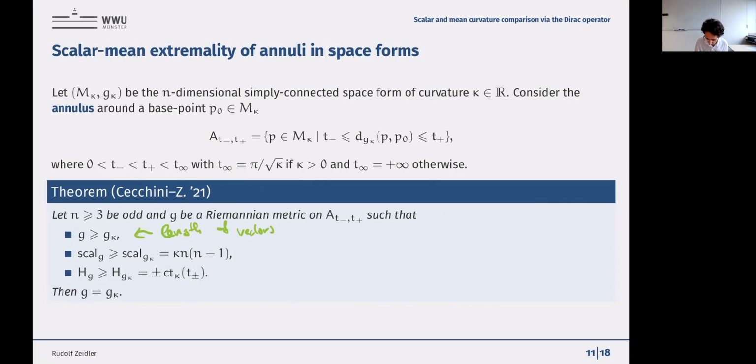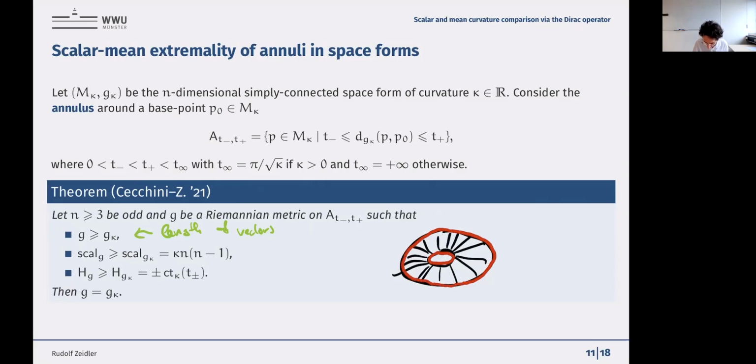So the picture is this. You have your annulus, and you have these two boundary components, the outer and the inner boundary.